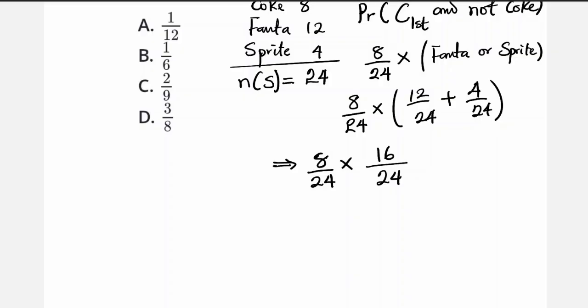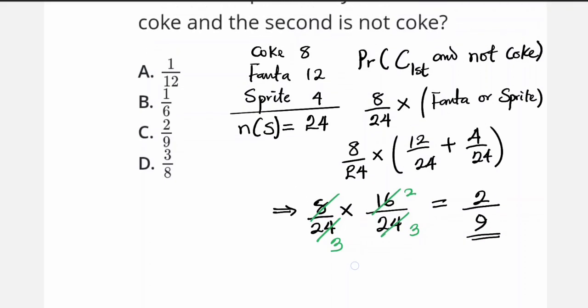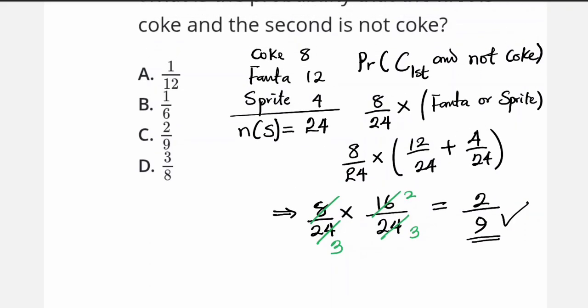All right, so by reducing this fraction, 8 goes into 8 one time, and 8 into 24 three times. Likewise, 8 into 16 two times, 8 into 24 three times. So we are going to have 2 at the numerator and 3 times 3, which is 9, as the denominator. So our final answer here is 2 over 9, which is option C.